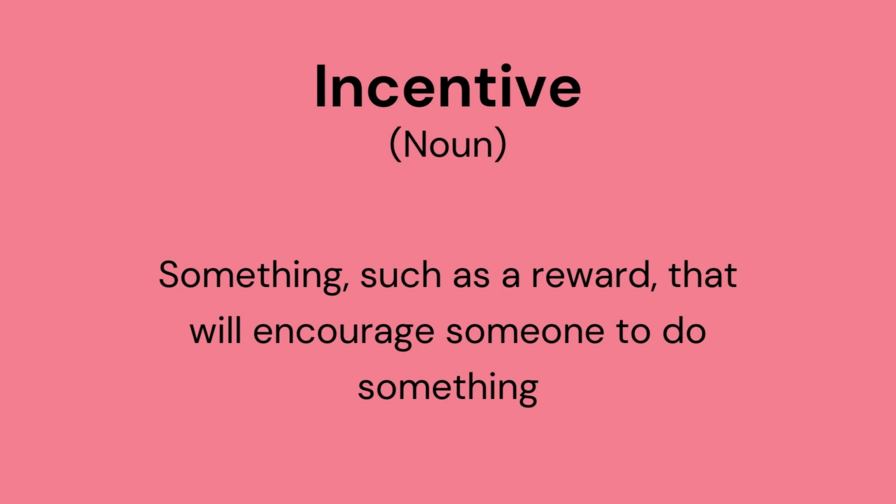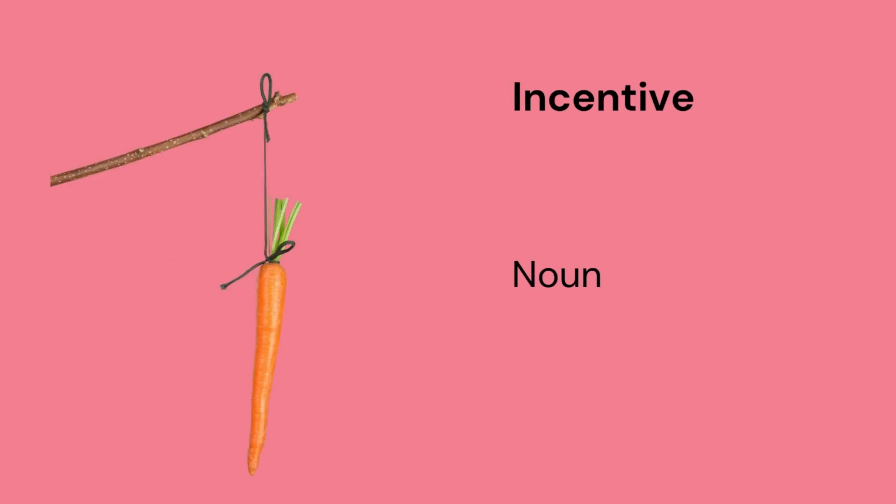Incentive. Incentive is a noun, and it is something such as a reward that will encourage somebody to do something. And there's always the old joke of how do you get a donkey to move, you put a carrot on a stick and you hold it in front of its face or its nose, right?